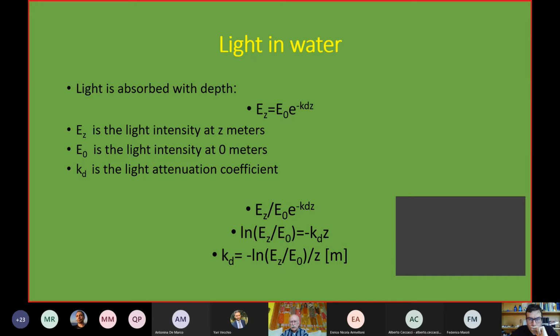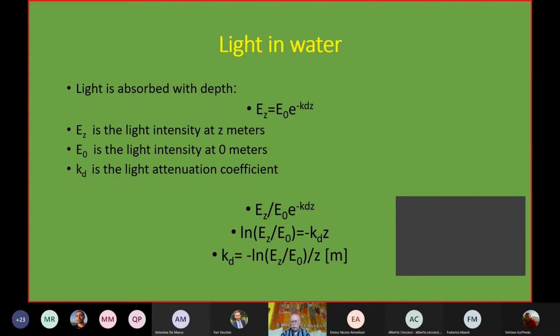That's the z in the exponent, and the KD is the absorption factor of the water with whatever exists in the water. Could be the water itself, the sum of the water itself, of any suspended inorganic particles, and primarily of the algae. And you can see an example of how you calculate KD. It's very trivial, very simple.